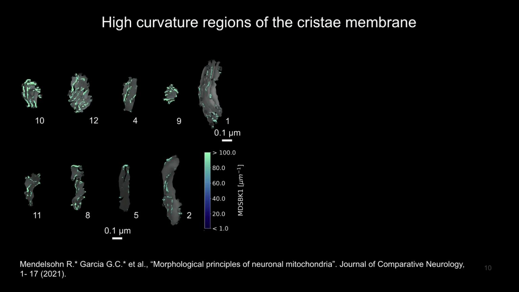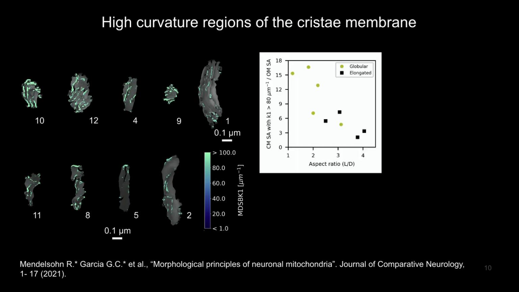Another thing that we measured were the areas of high curvature in the cristae membrane. And here I'm showing that in colors, and in particular we use a threshold, and we are only looking at where the curvature is higher than 80 micrometers to the -1, and all the other places we put in gray.